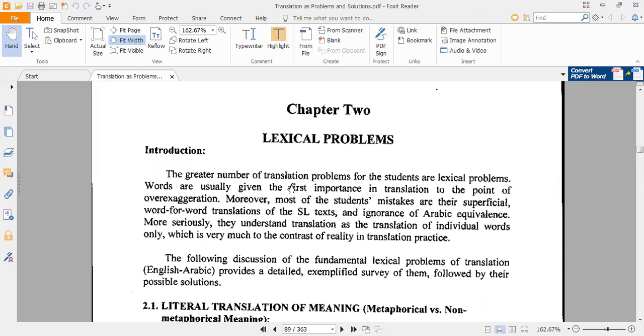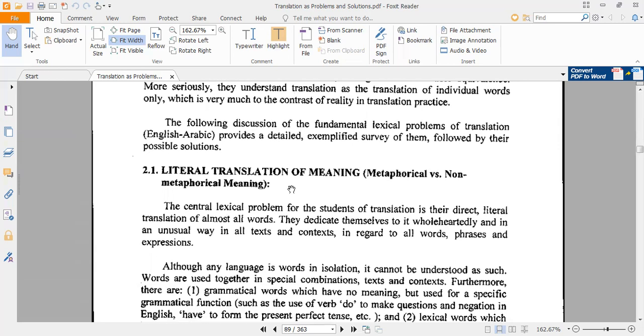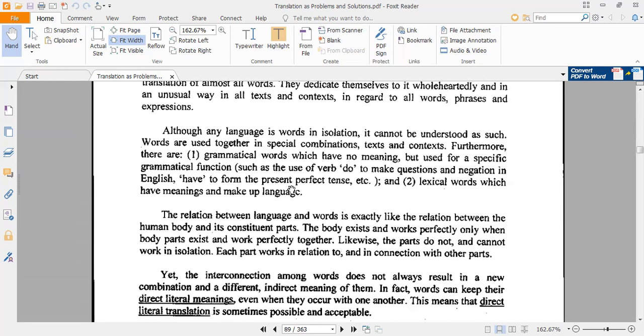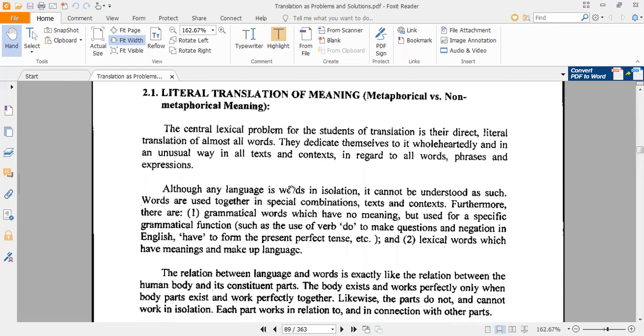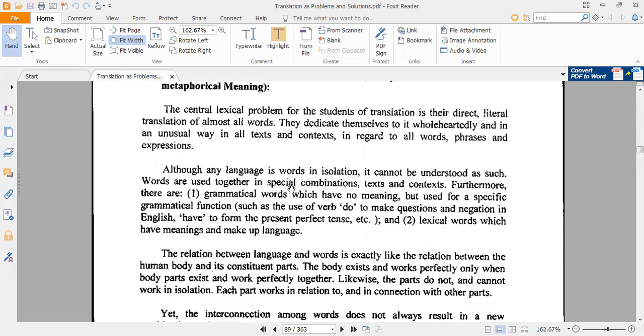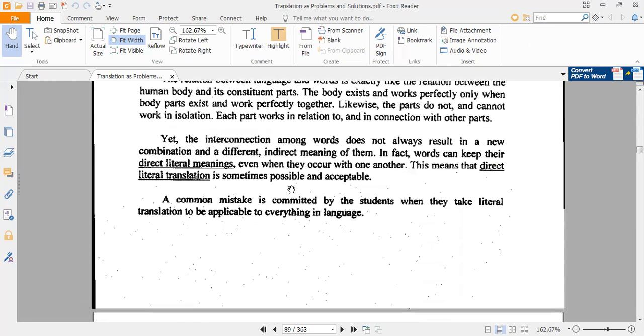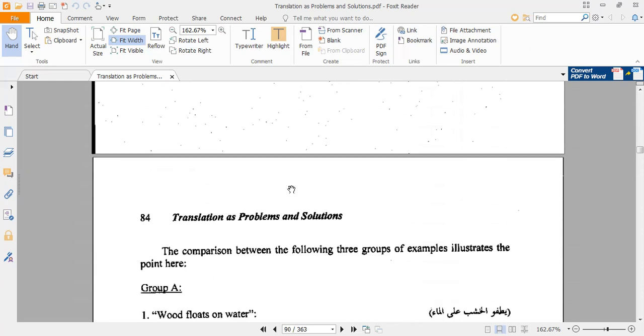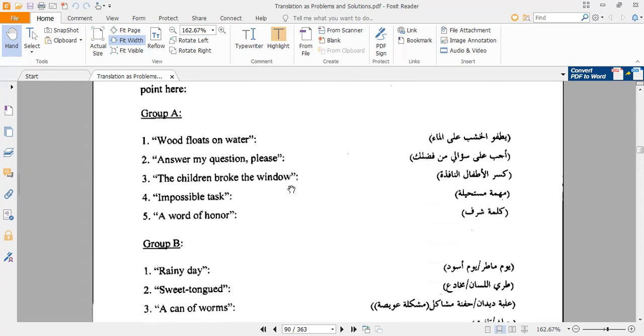Most of the students understand translation as a replacement of source language vocabulary with equivalent vocabulary in the target language. Thus, the result of this translation will sometimes be disastrous.